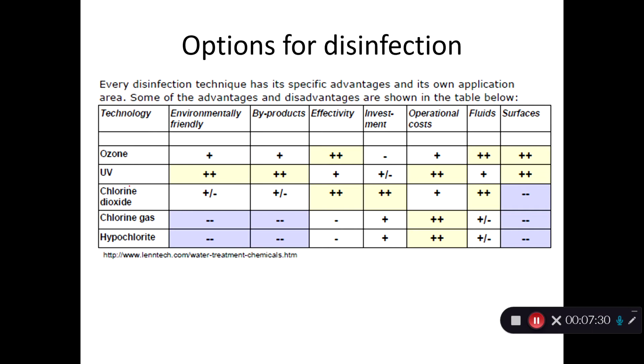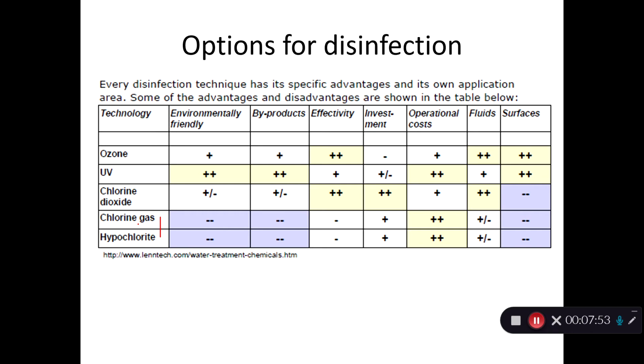Here's ozone, UV, chlorine dioxide, chlorine gas, and hypochlorite. So these last two both encompass the idea of chlorine for disinfection. Hypochlorite is a salt, and chlorine gas is a gas. And there are safety issues involved in keeping giant tanks of chlorine gas around.